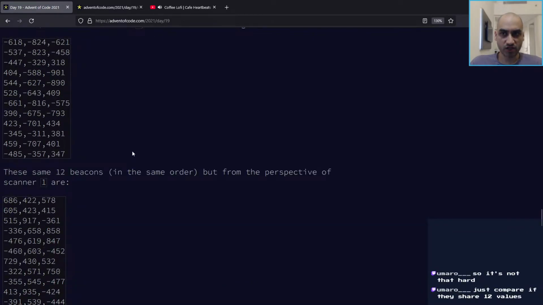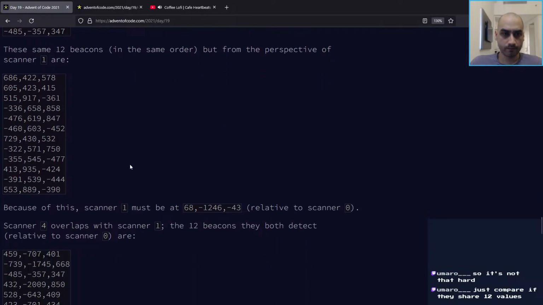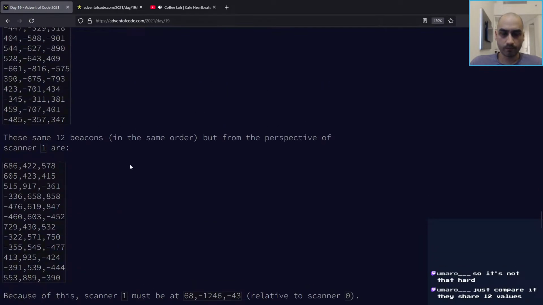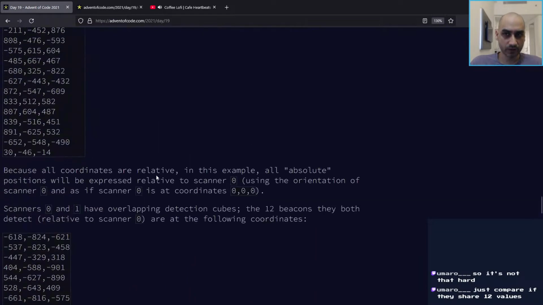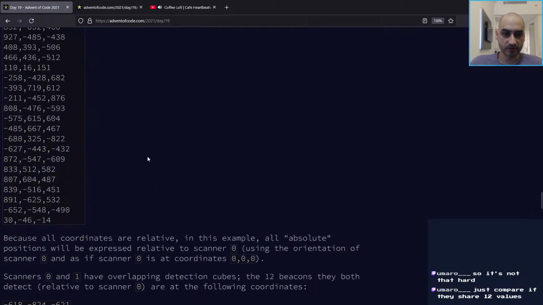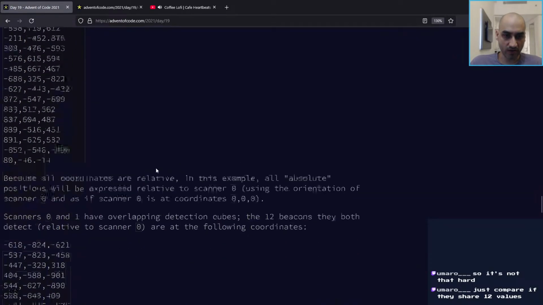Just compare if they share 12 values. I still don't understand. Are they asserting that they do share 12 values? Then that's knowledge we know. Or are you trying to find if they share 12 values? Because if it's the latter, that's still impossible because it's relative positions, not absolute positions.